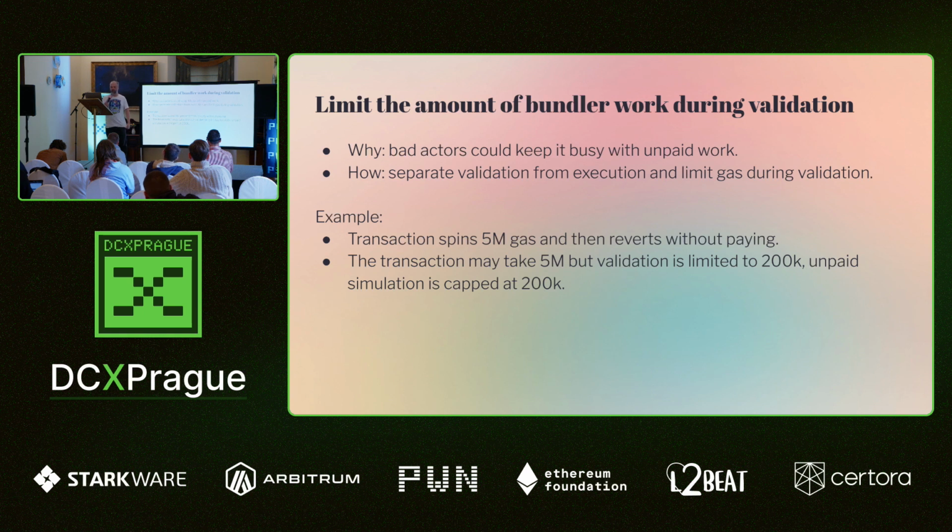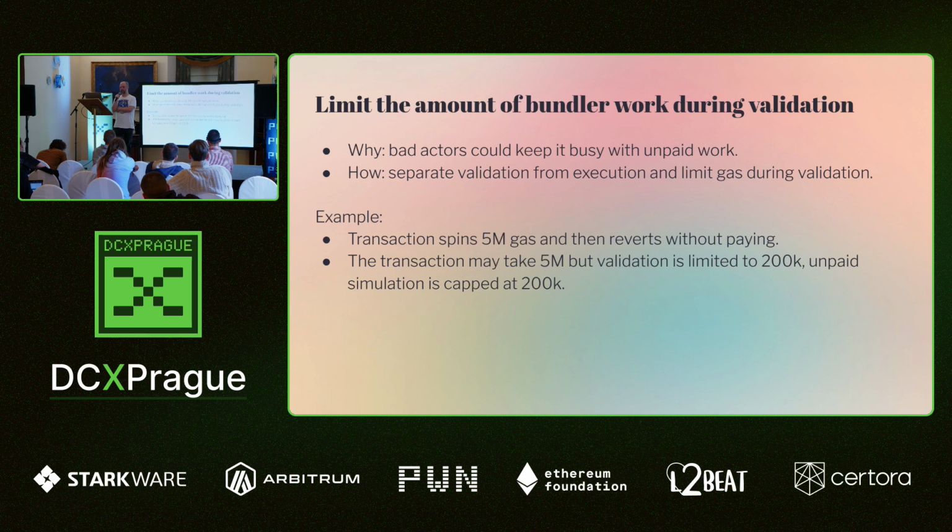So first of all, how do we achieve this? The one thing we had to do first is to split the transaction into two phases. We have a validation phase and an execution phase. In validation, you could have a separate gas limit. So let's say you have a 5 million gas transaction that would be very expensive to simulate, but you can limit it.